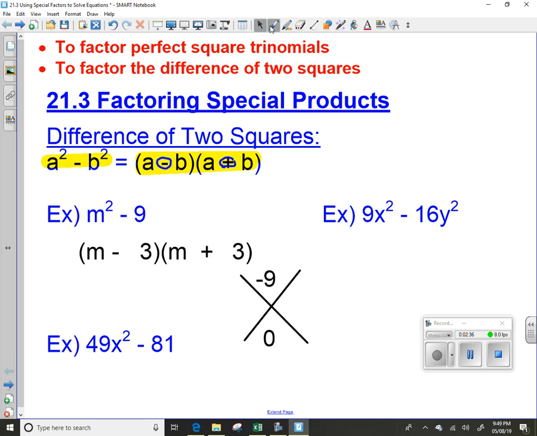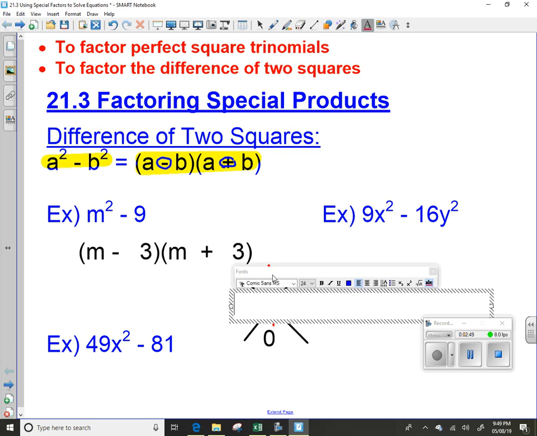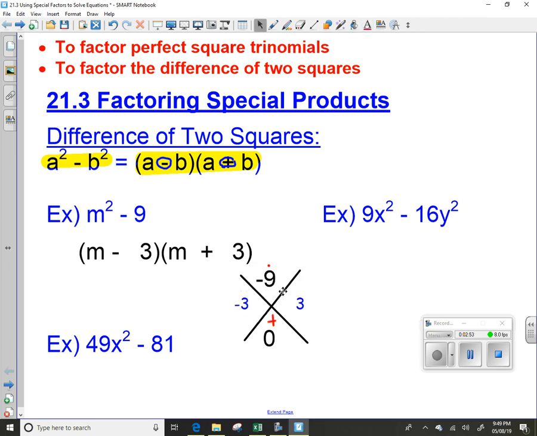And so now again, remember the whole idea with the X method is you're asking yourself what would you multiply together to give you negative 9 that would also add together to give you 0. And that's where the negative 3 and positive 3 would come from, because negative 3 times positive 3 gives me a negative 9, but negative 3 plus 3 gives you 0.